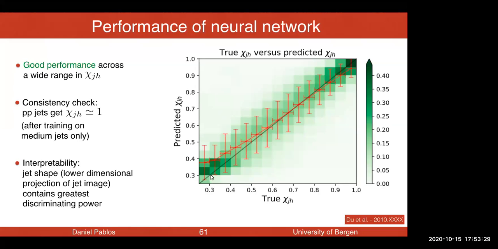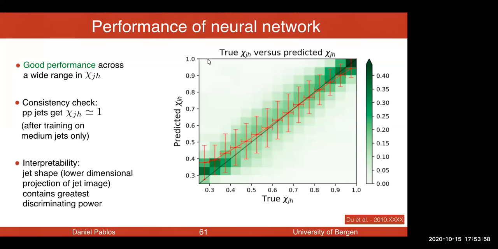We can predict the energy loss ratio with good accuracy across most of the ranges, from a lot of energy loss, a ratio of 0.3, to a little energy loss of 1. We check that the vacuum jets, indeed, do get values of chi, this energy loss ratio, close to 1 after training on medium jets only.